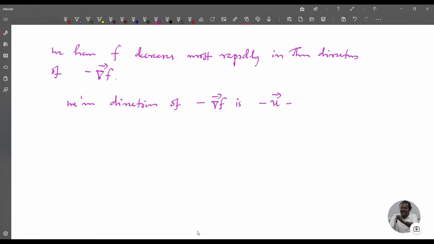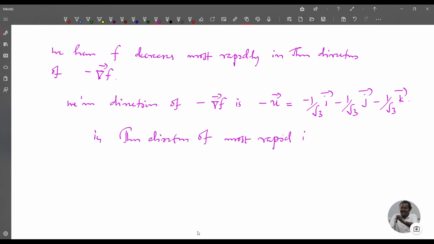So that is minus 1 by root 3 i minus 1 by root 3 j minus 1 by root 3 k, because u is 1 by root 3 i plus 1 by root 3 j plus 1 by root 3 k. So that is the direction of most rapid decrease is v equal to minus 1 by root 3 i minus 1 by root 3 j minus 1 by root 3 k.